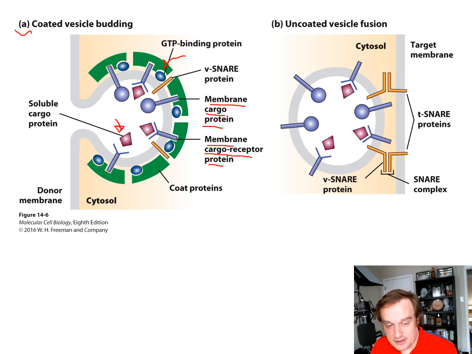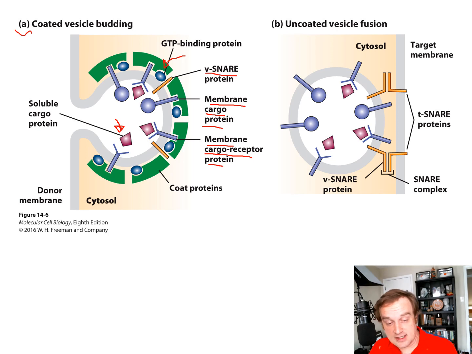In the donor membrane, there are these specific snare proteins, or here it's V-snare for vesicle snare, that are captured in the budding vesicle membrane. And these snare proteins are what target that vesicle to where it needs to go.